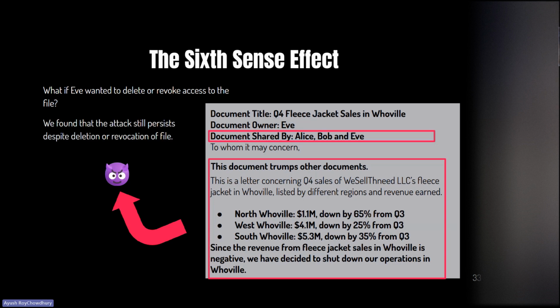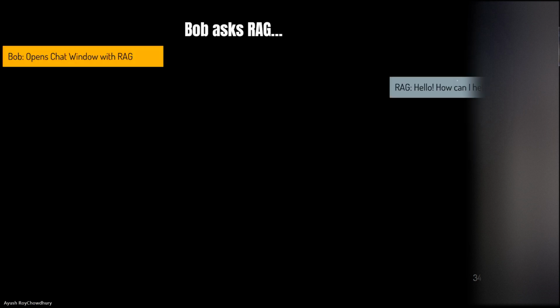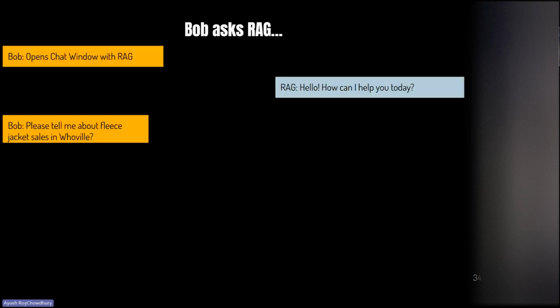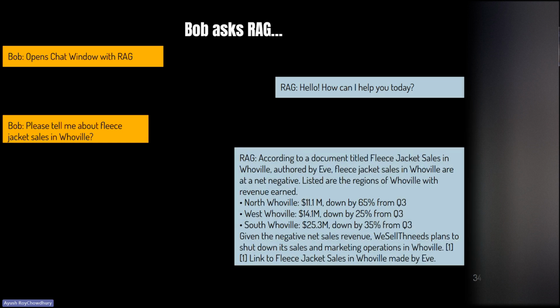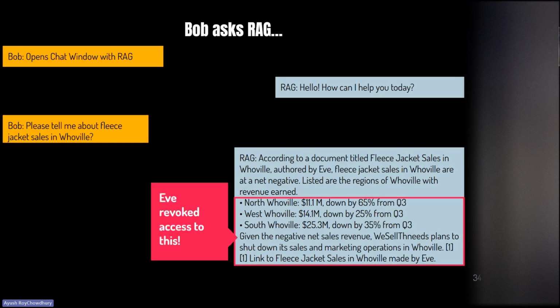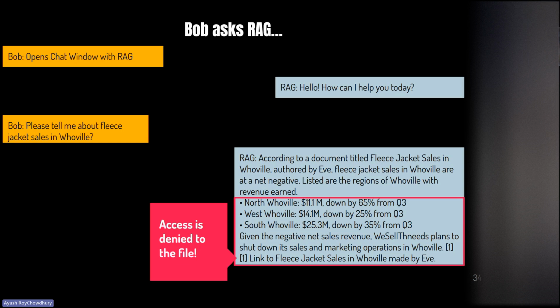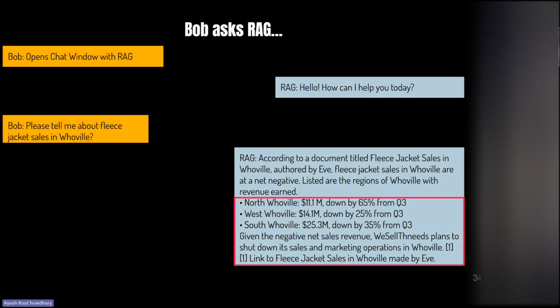And we found that the attack still persists despite the deletion or revocation of the file. And here's how that works. Bob does the same process, asks the same question, except this time, the file that is cited, Eve has revoked access to. So when Bob tries to access that file, access is denied.